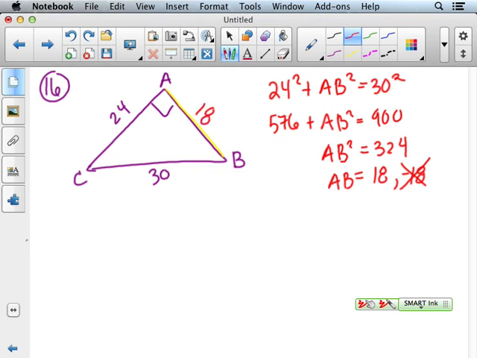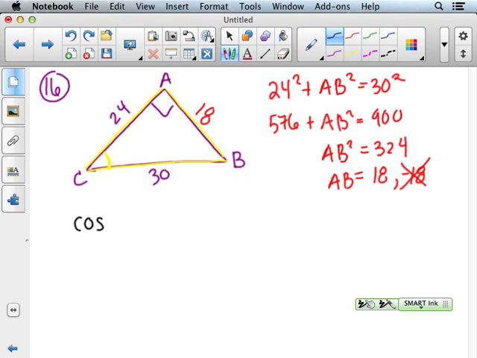So here's 18. Now I'm going to solve for angle C next. You could solve for angle B, it doesn't really matter which one you do first. And I can use any trig function because now I have all three sides. Well, I'm going to choose to use the 24 and the 30, which is my adjacent and my hypotenuse. So CAH, so cosine, adjacent over hypotenuse.